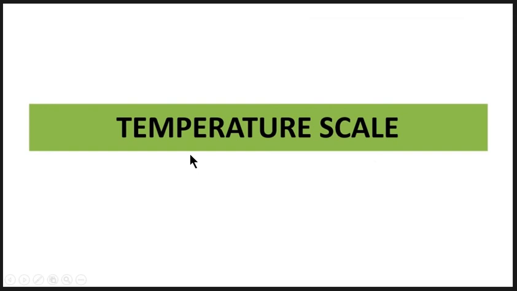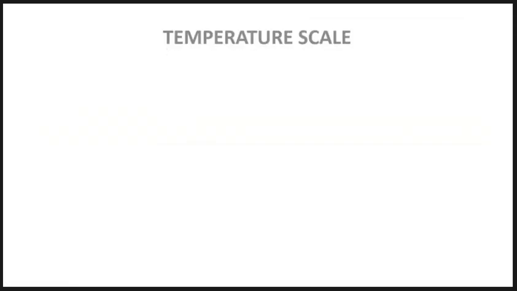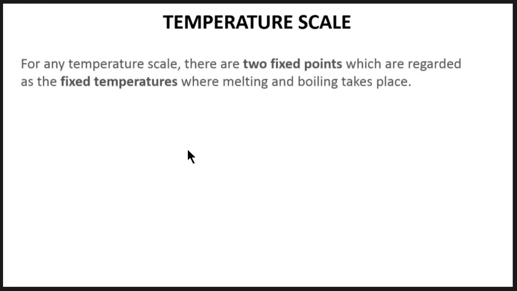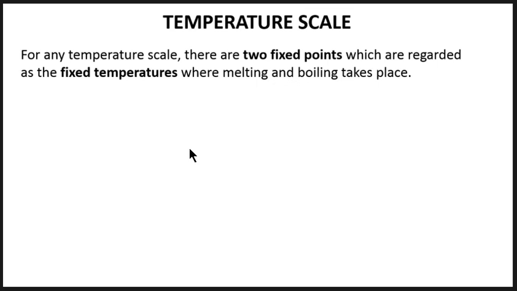So temperature scale right here. What can we say about temperature scale? I've said it, for any thermometer, there is a temperature scale upon which it is discerned. But I need to say again that for any temperature scale, there are two fixed points, which are regarded as the fixed temperatures where melting and boiling take place.